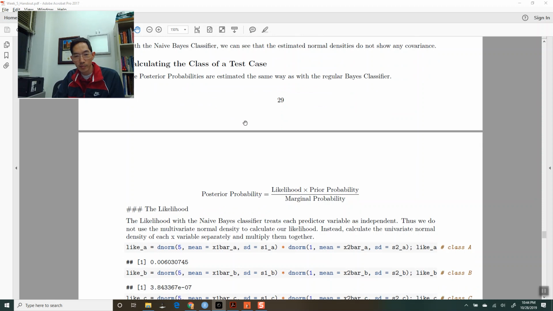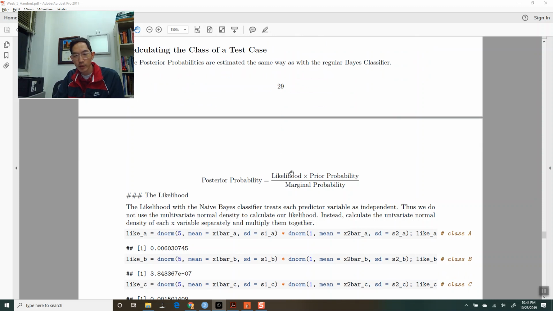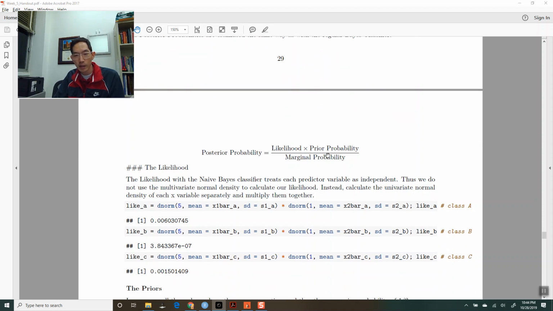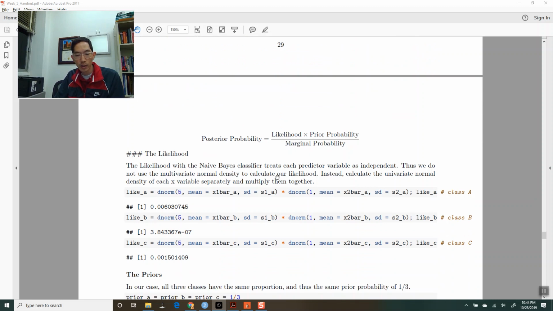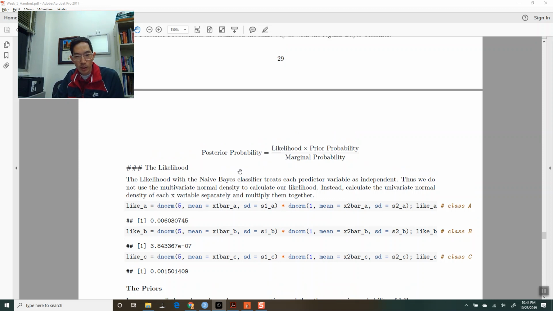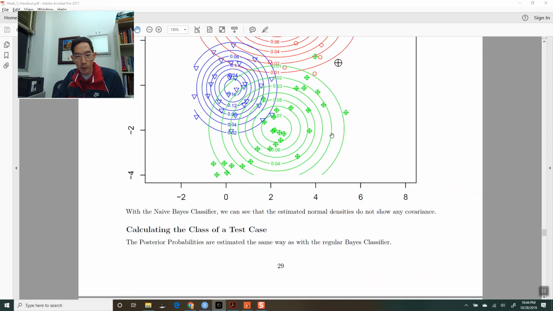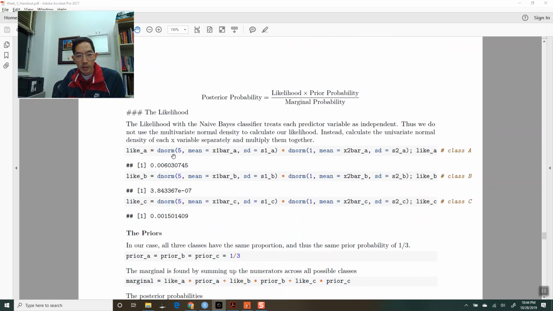All right, so let's go ahead and calculate the class probabilities, and we're going to do likelihood times prior divided by marginal, okay? As far as the likelihood goes, look what I do. Our test case is at 5, 1, and our likelihood for belonging to class A is the regular univariate normal density, dnorm. There's no MV.